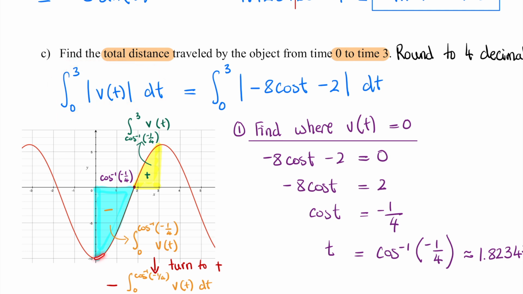Instead of going from 0 to 3, I split it up into 2 pieces. The piece from here to 3 is positive, so I leave it alone. The piece from 0 to here is negative, so I multiply that by negative 1 to make it positive. And the total distance is this integral plus this integral.